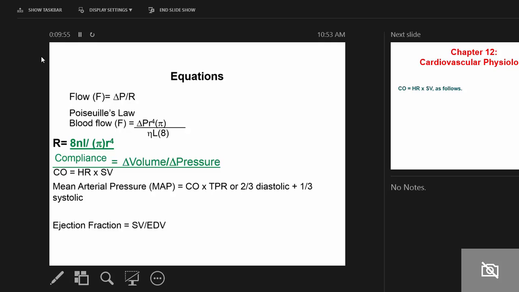So it's the stroke volume, and we're going to talk about what stroke volume is, over the end diastolic volume. And we're going to come back to all of these throughout. We're going to do examples of the PV loop figures. We're going to talk about these terms. So the ejection fraction gives you an indication of how strong the heart is. It tells you basically how much of the blood that it can pump out it is actually pumping out.